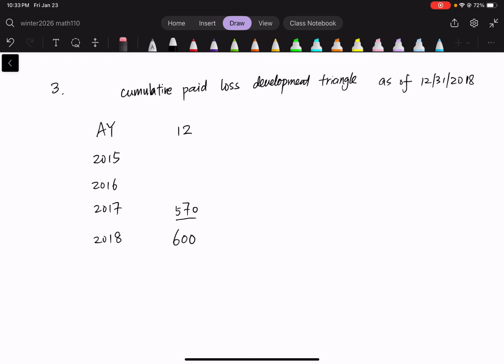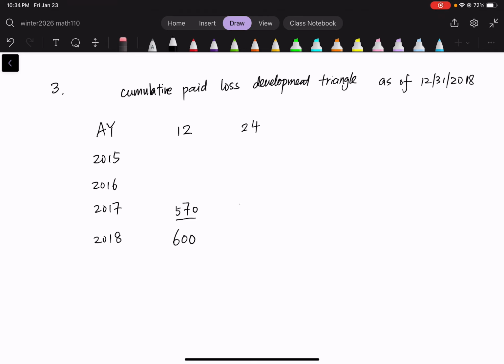In another way to describe this, the $570 is paid out in 2017. But that's not the only loss paid out in 2017. It is the loss paid out in 2017 for which the accident also happened in that year. And because it's 2017, it's possible you're still paying some of the accidents that happened in 2017.